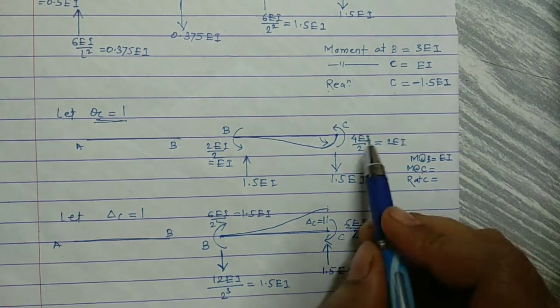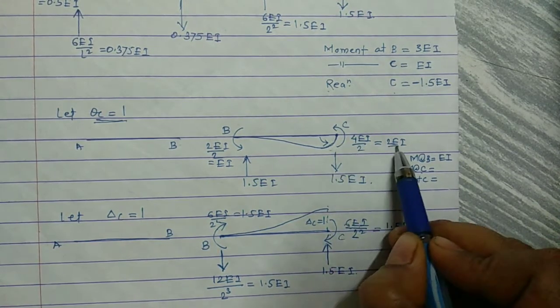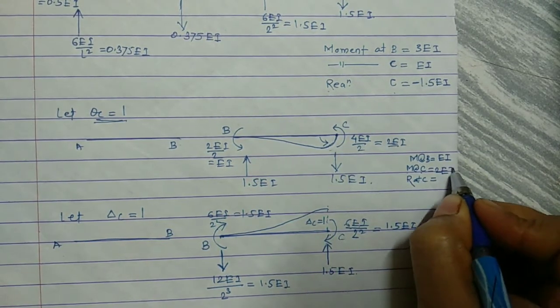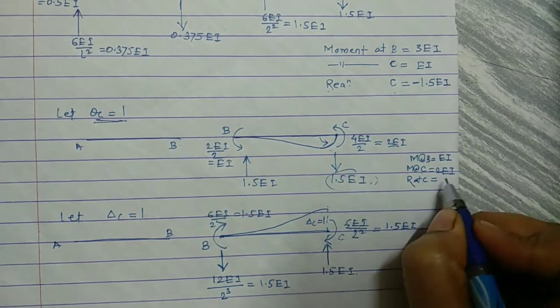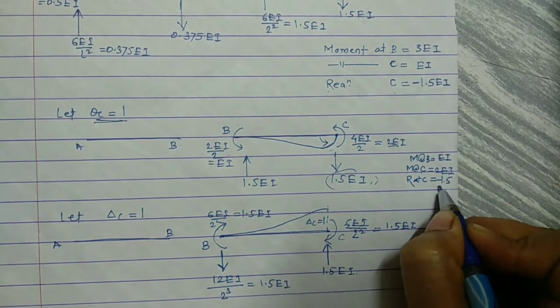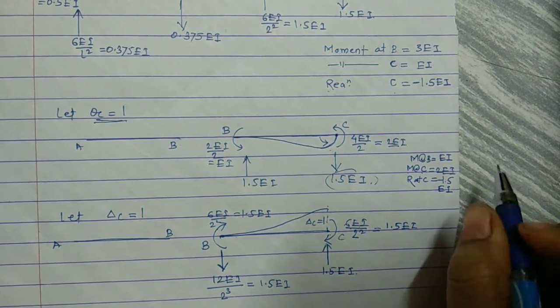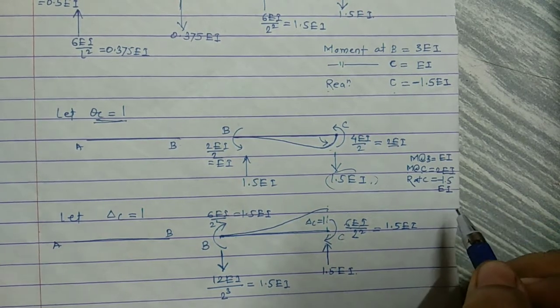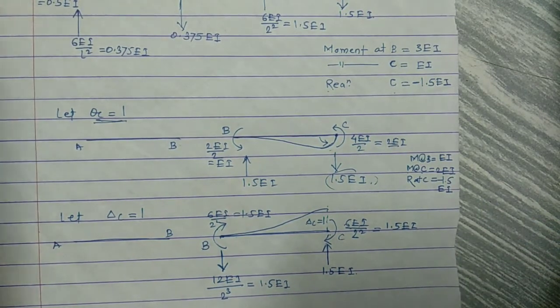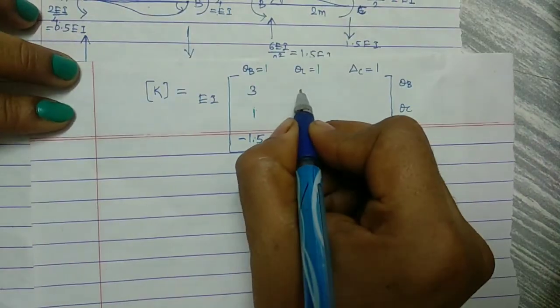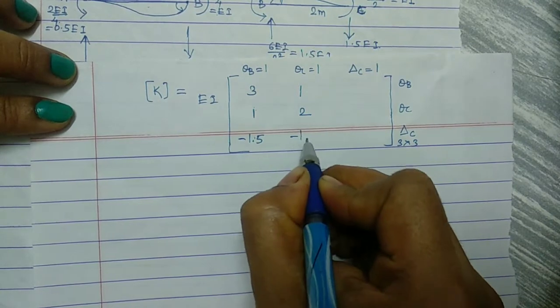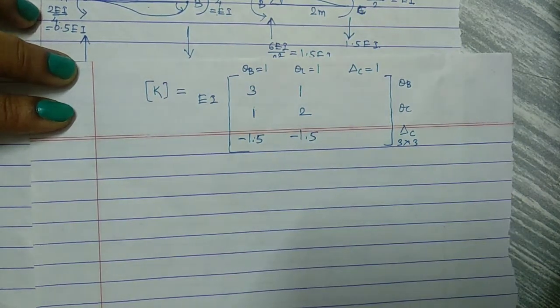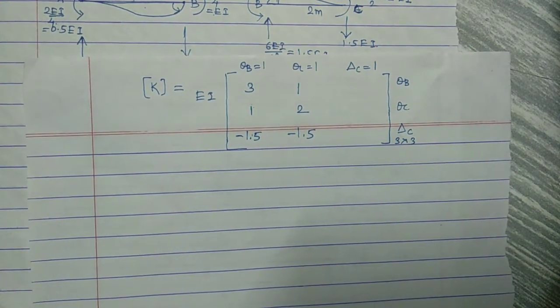Second, moment at C is 2 EI, and reaction is minus 1.5 EI. So write these coefficients in the second column: 1, 2, minus 1.5.